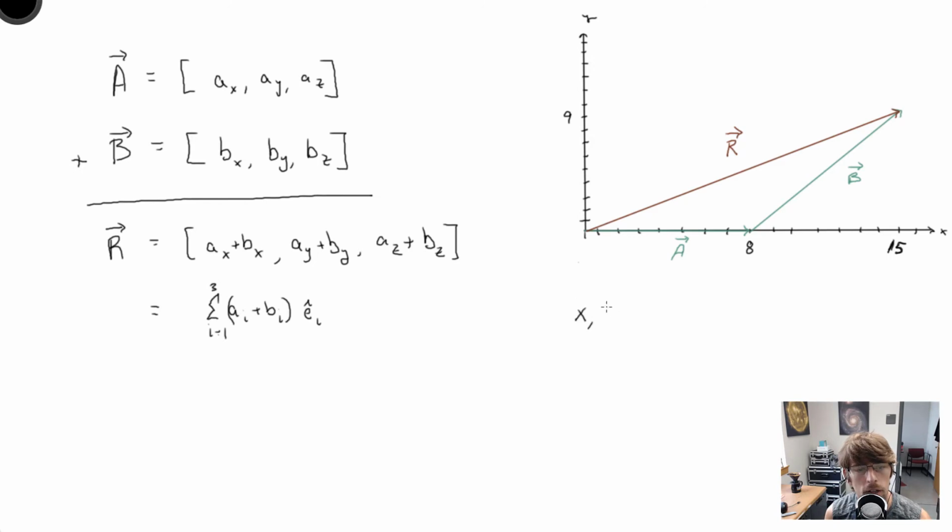Our x direction, our y direction, and our z direction are all independent. In other words, moving in the x direction does not contribute anything to the y direction, or moving in the y direction doesn't contribute anything in the x direction. The deep mathematical reason is that we say they are orthogonal.